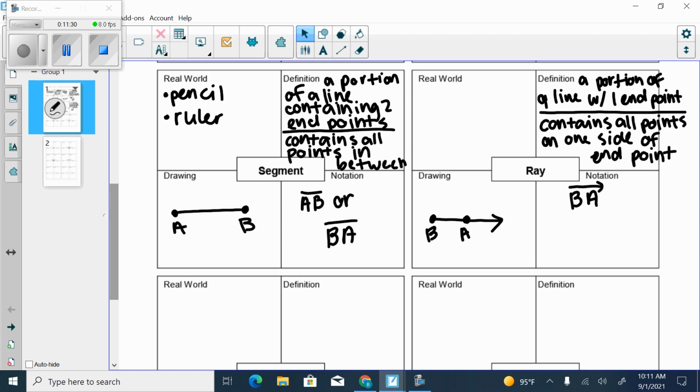The arrow does need to be on this end specifically, so it needs to be pointing this direction. So start with the endpoint. It starts the name. So not AB. That wouldn't work in this case.